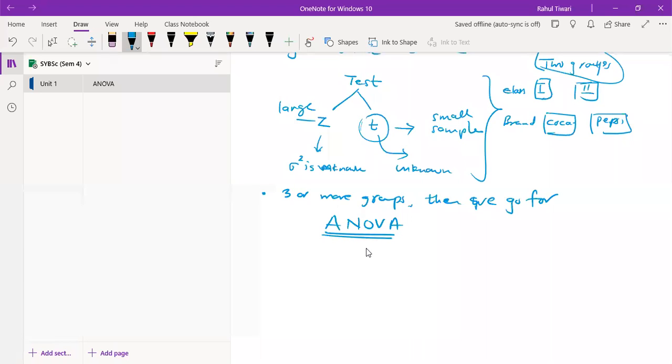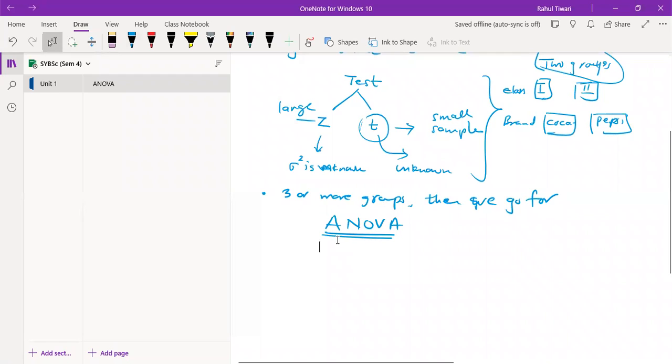But before going for ANOVA, there are certain assumptions, and those assumptions have to be satisfied; only then do we go for ANOVA. You should know now that I cannot use the T test or Z test because I have three or more groups of populations.